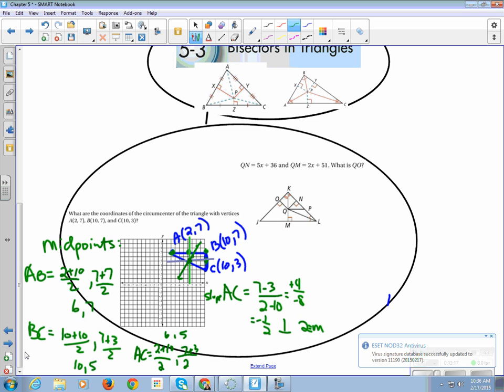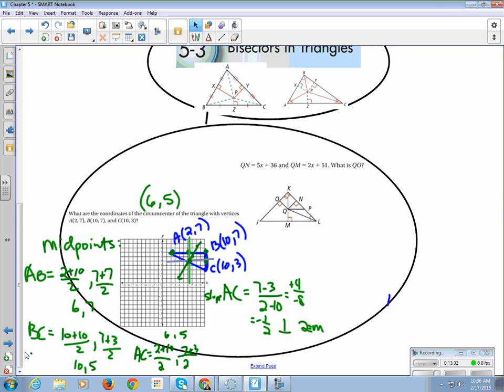All right, so the coordinate of our circumcenter is at this midpoint 6, 5. I just did the perpendicular line. I knew it's a right triangle so it's going to be on that point, but I did a perpendicular line just to double check.